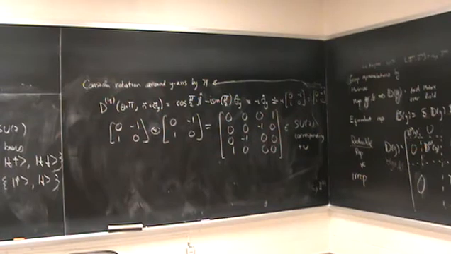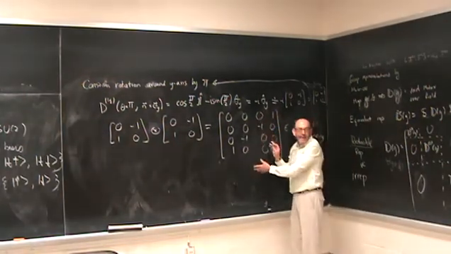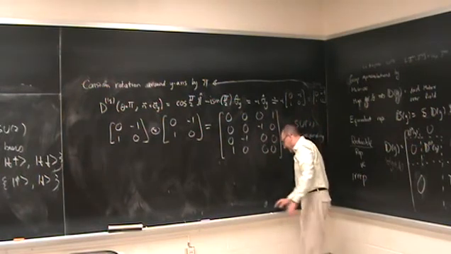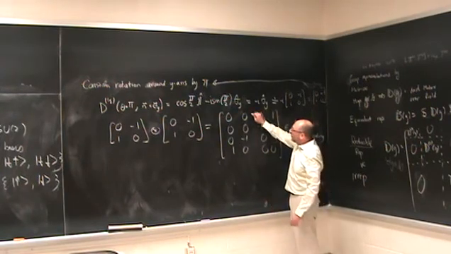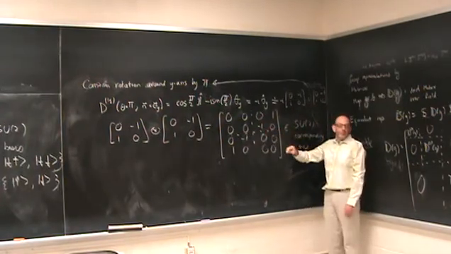Now, I ask you, is this representation irreducible? Kind of, but not really. Remember, it has to be block diagonal. This is block off diagonal. So this is not an irreducible representation.